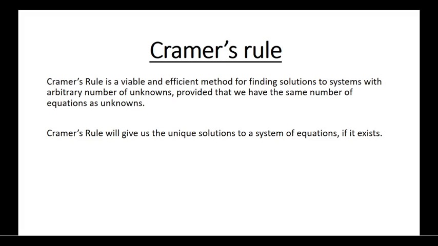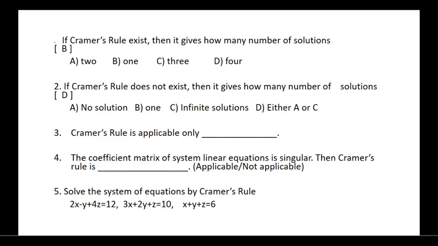Let us consider one example. So in this Cramer's rule, to find out the unknowns x, y, z, we take the formula x = delta 1 divided by delta, y = delta 2 divided by delta, z = delta 3 divided by delta. Here what is delta 1, delta 2, delta 3 and delta? Delta is nothing but the determinant of the coefficient matrix.